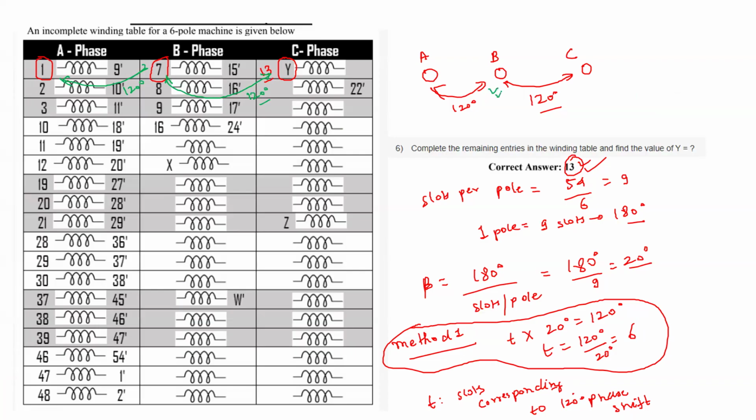Like this diagram, from 1 plus 6 we arrive after 120 degrees in B phase, and from 7 plus 6 after 120 degrees we arrive in C phase. So like this we get 13.